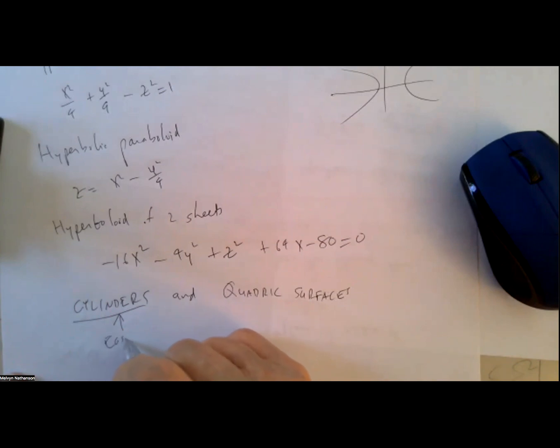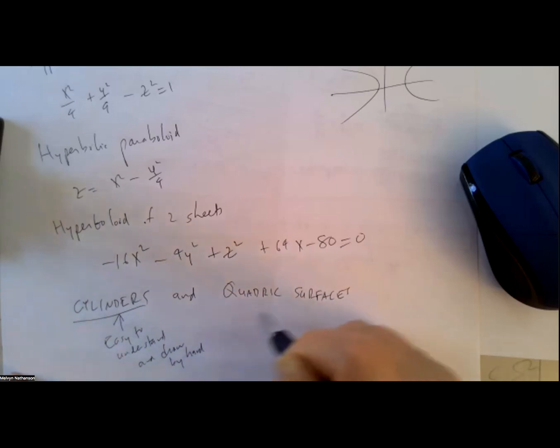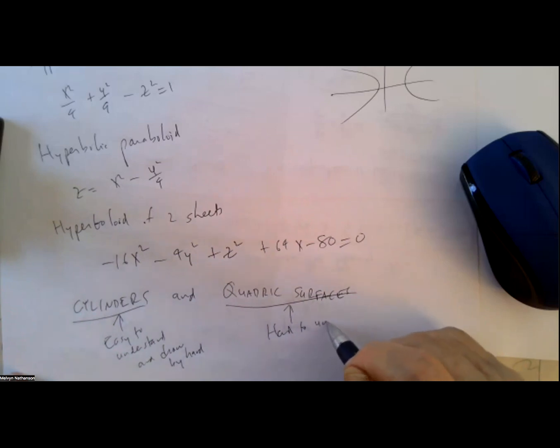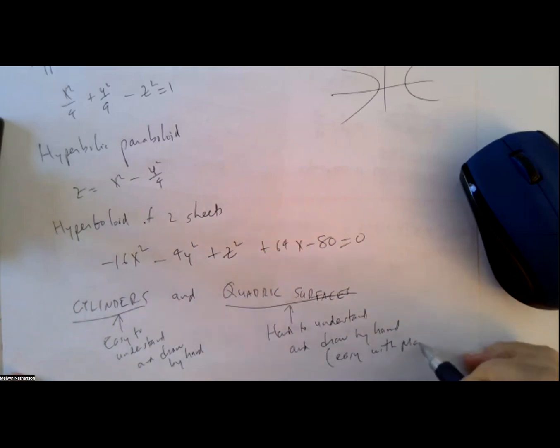Cylinders are relatively easy to understand and draw, even by hand. Quadric surfaces are hard to understand and draw by hand, but easy with Maple, or any other computer algebra program you might have used in Math 155 or 156.